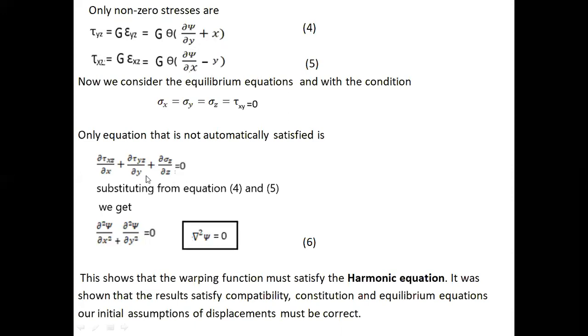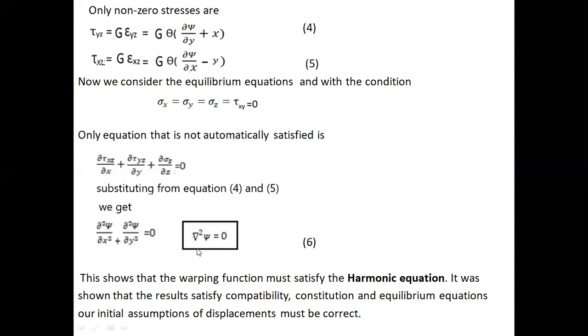So from the third equilibrium equation, we get the condition that del square psi by del x square plus del square psi by del y square is equal to 0, or Laplacian of psi is equal to 0.